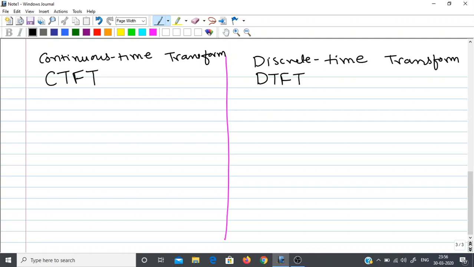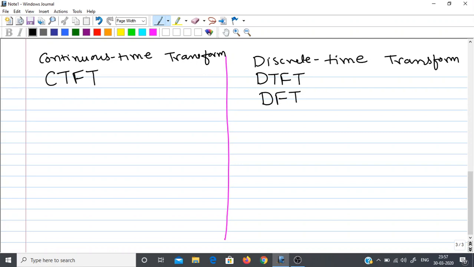Now, this DTFT is not a discrete function of frequency. It's a continuous function of frequency. So it can be discretized. And if we discretize the discrete time Fourier transform, we get something new and it is called discrete Fourier transform.